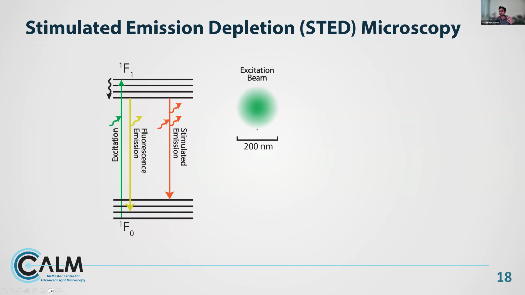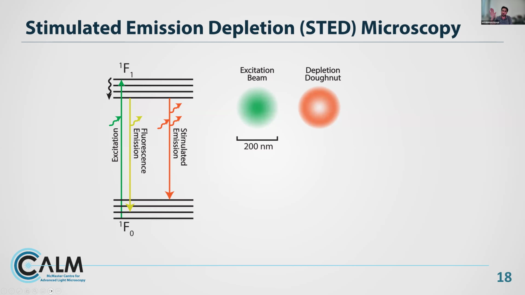You have a confocal microscope with an excitation spot, which is diffraction limited at around 200 nanometers. And on top of that, you overlay a depletion donut that completely depletes the molecules from going through the fluorescence route and instead allows them to only go through the stimulated emission route.